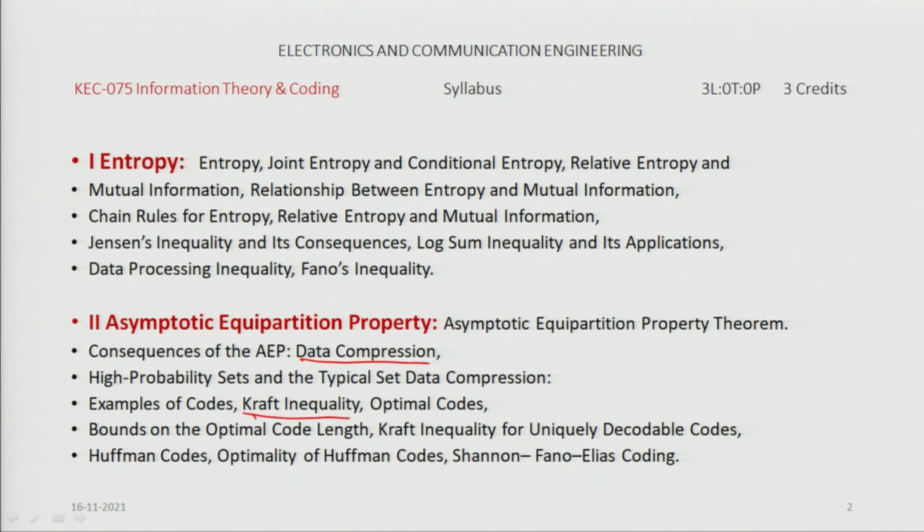These are the Kraft inequality and optimal codes. These are the source codes, the first block in the digital communication system. Also bounds on the optimal code lengths, Kraft inequalities, Huffman codes, bounds, and Shannon, Fano, Elias coding. These we will cover in the second unit.